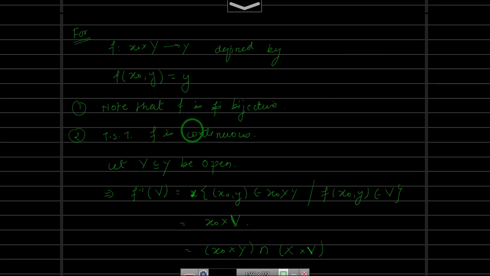Okay, so let me put that in words here. Since x cross v is open in x cross y, because x is open in x, v is open in y, that implies x cross v will be open in x cross y.